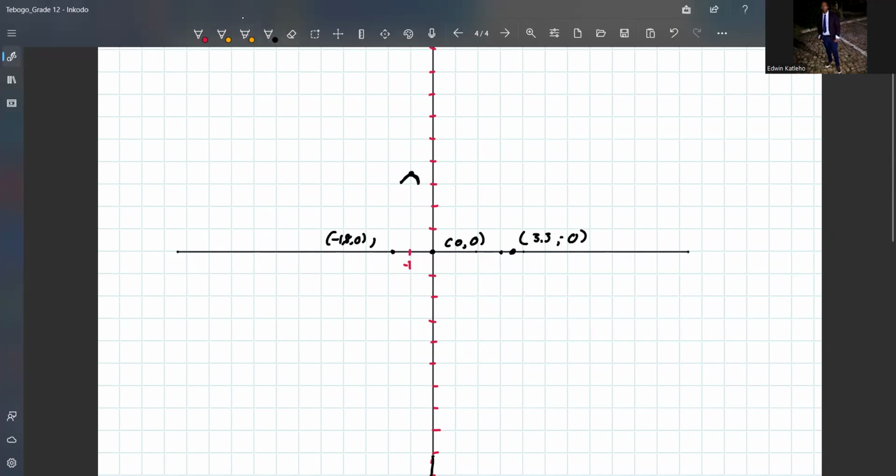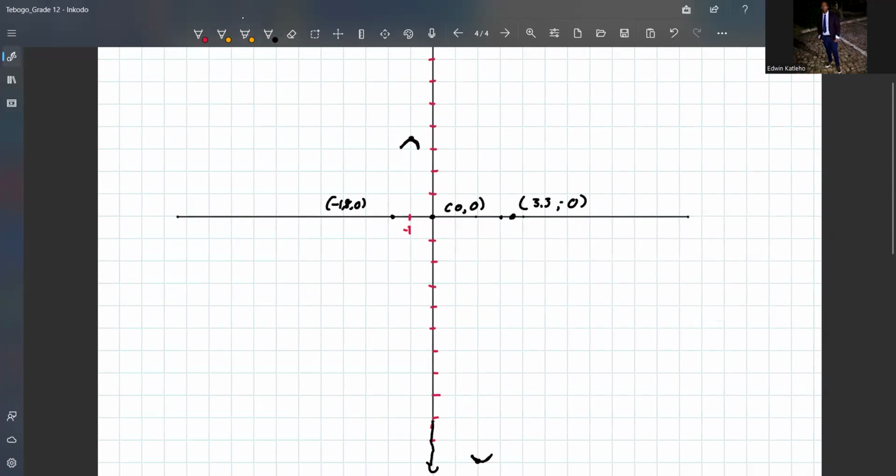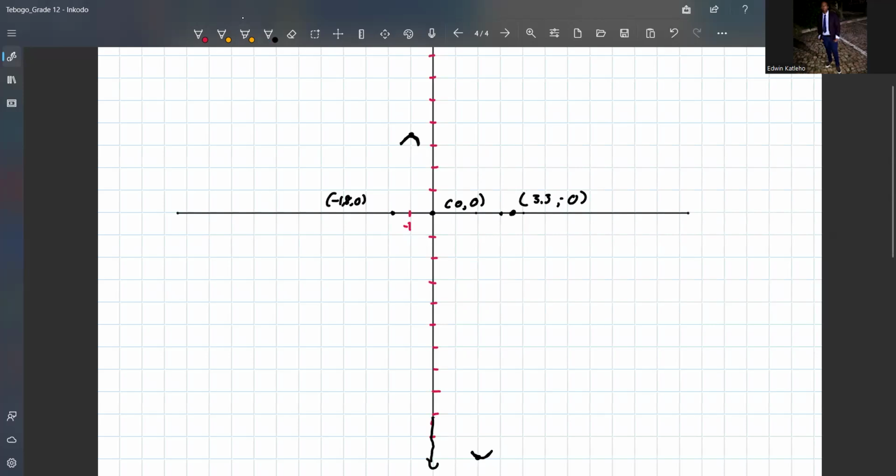So we need these 3 points to show where our graph is going to cut through the x-axis and the y-intercept. So when we draw this graph, it's going to turn like this. So I should have made it do a nice curve there. So it's going to turn here.